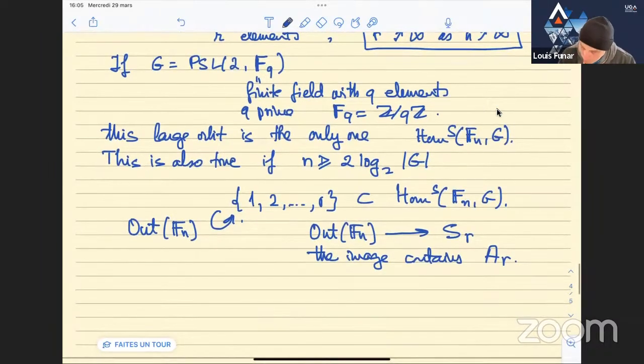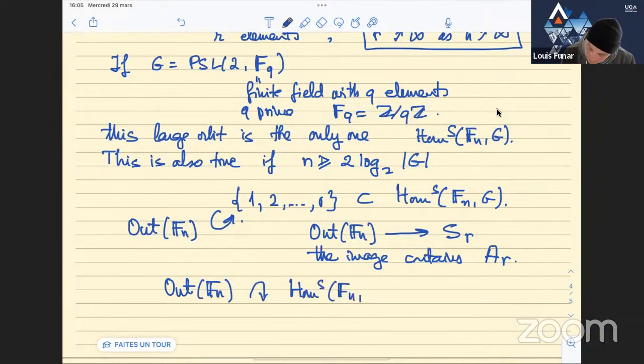No, there exists always such a map, because Out Fn is acting on Hom-surjective(Fn, G). So let's say if G is PSL2 of F cube, that's even simpler. So that means this is a finite set.